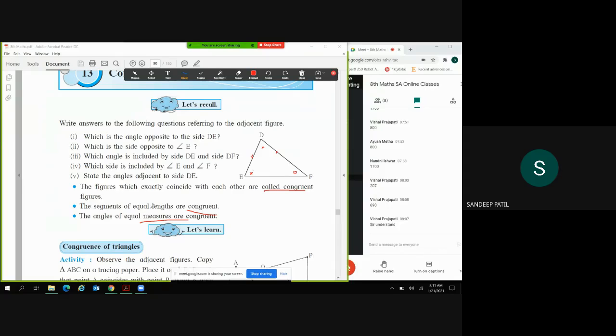So segments of equal length, जो भी equal length के होंगे उसे हम congruent कहेंगे. और एंगल्स ऑफ इक्वल मेजर्स, मतलब जो भी इक्वल होते हैं तो हम उन्हें भी कॉन्ग्रुएंट कहते हैं. सो लेट्स सी, अगर यहाँ दूसरा ट्रायंगल हम बना लेते हैं और इनकी भुजाएं सेम है तो उन्हें हम क्या कहेंगे? कॉन्ग्रुएंट, एक दूसरे से कॉन्ग्रुएंट है.